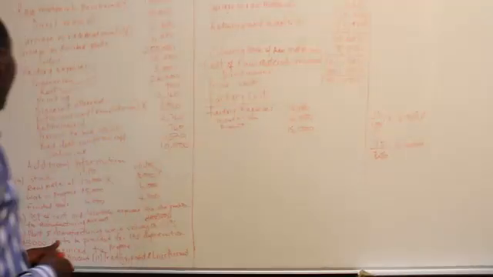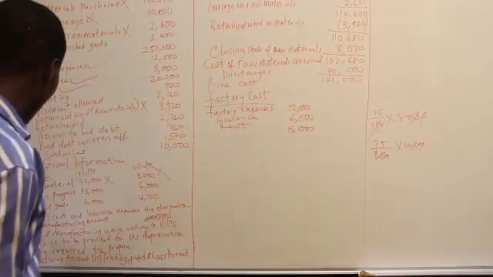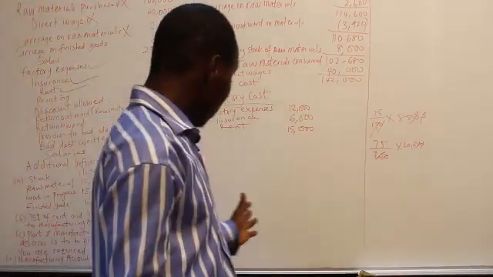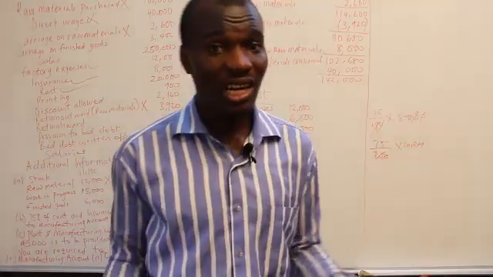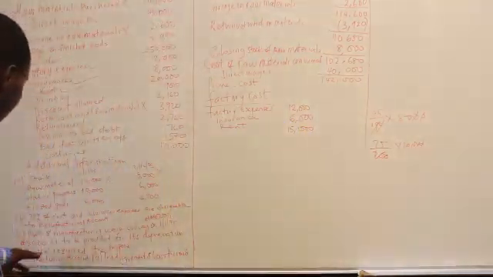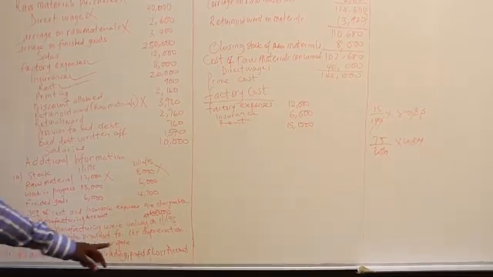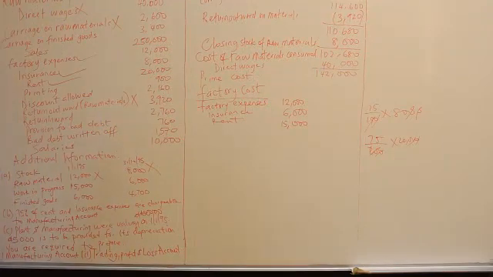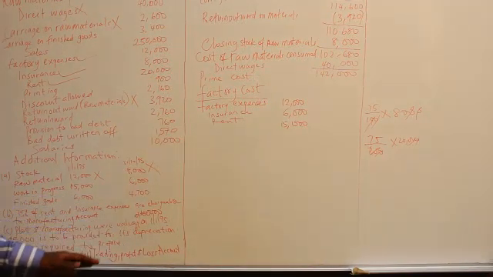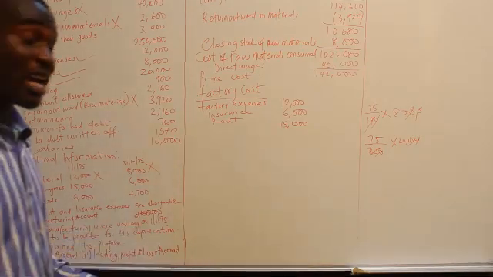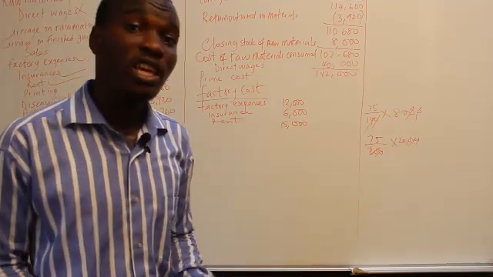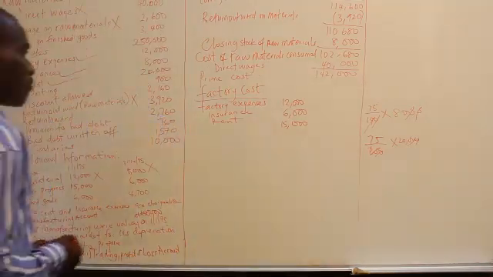Do we have any other expenses? Okay, we have depreciation on plant and machinery. We were told that plant and machinery were valued at 80,000 naira on 1st January 1995, and 5,000 naira is to be provided as depreciation for the year.